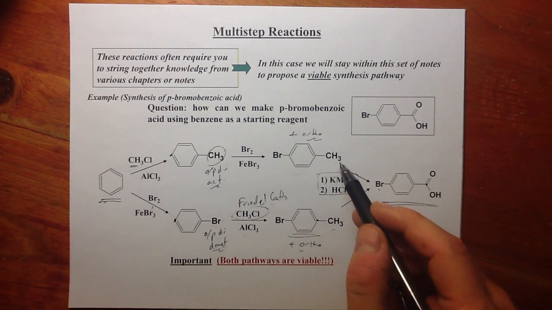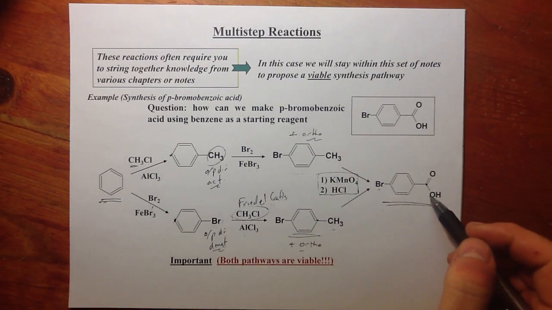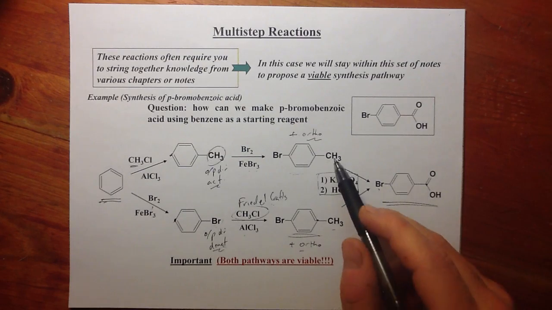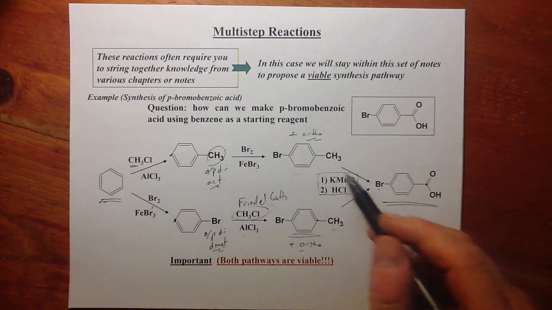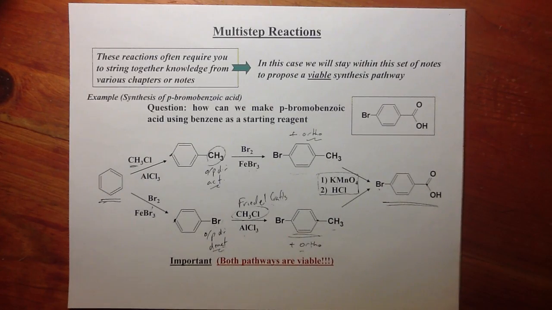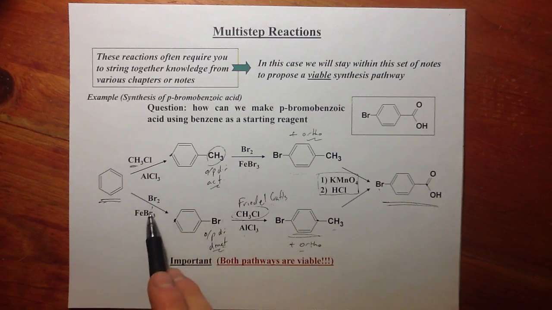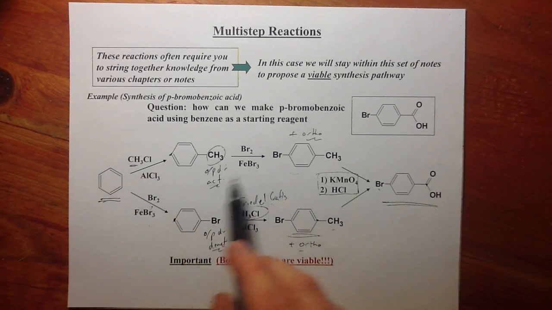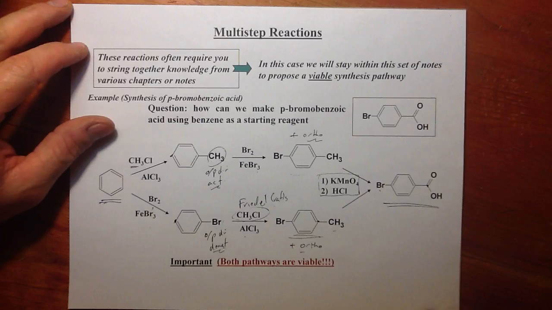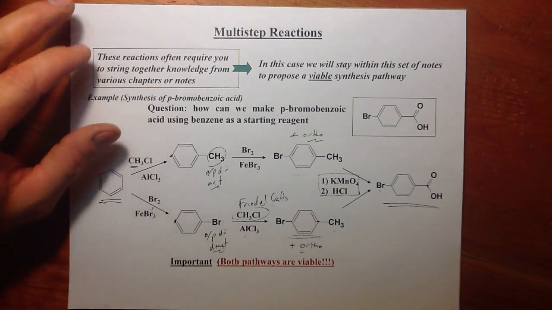So we have that, of course, three CH bonds, and we can make carboxylic acid groups from a methyl group. So we finished this in the same way, where in the first 2 steps we had flipped the EAS reactions. Both are viable and would be considered for use in the lab.